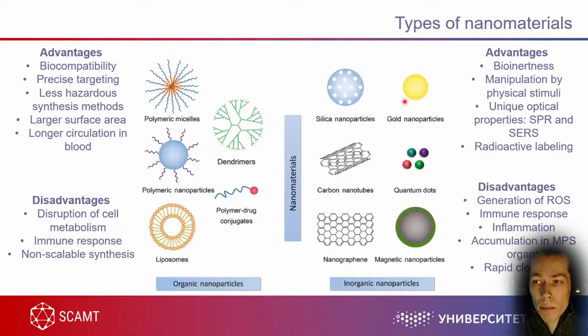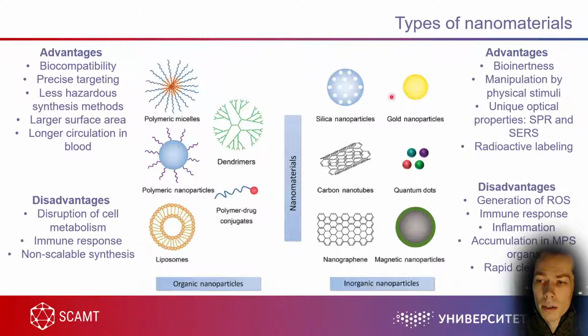But gold nanoparticles, as gold is a bioinert metal, can be just stored in some cells, for example, in kidneys for months, for years, without any significant side effects. So bioinertness of some of the particles is very important.